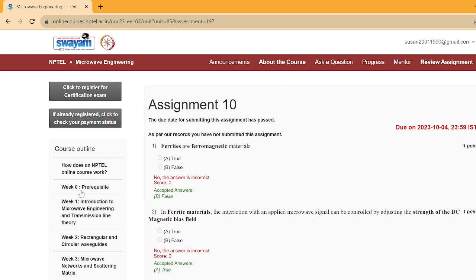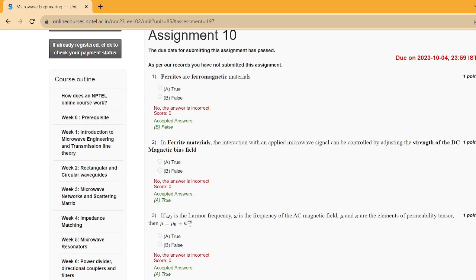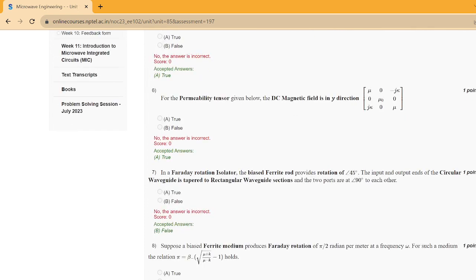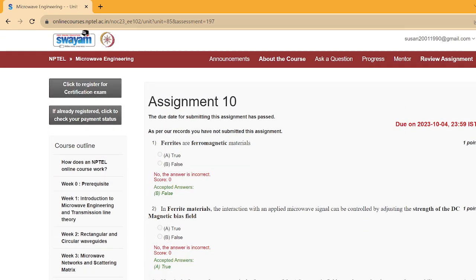So the question of assignment 10, the first question, is ferrites are ferromagnetic material. So ferrites are not ferromagnetic material, they are ferrimagnetic, right? Here there is mention of ferromagnetic and ferrimagnetic, so I hope you understand the difference. Ferrite is a ferrimagnetic material.